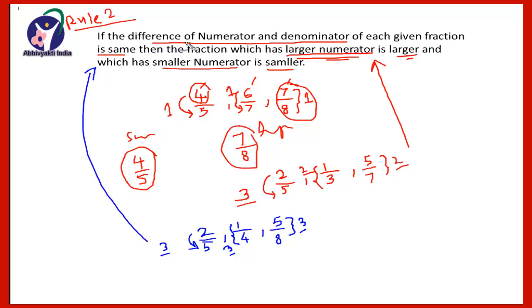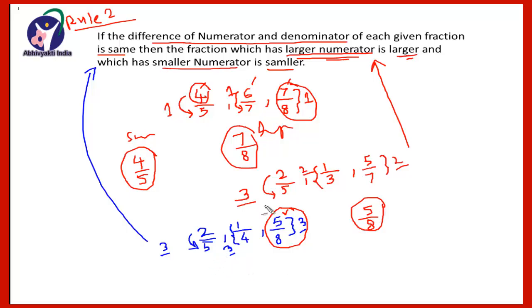Rule number 2 states that if the difference is same, then the fraction which has larger numerator is larger. Here 5 by 8 has the larger numerator, therefore 5 by 8 is the largest number.